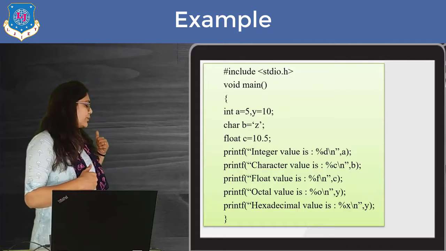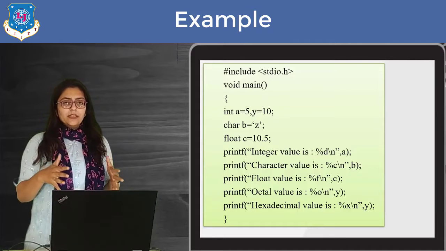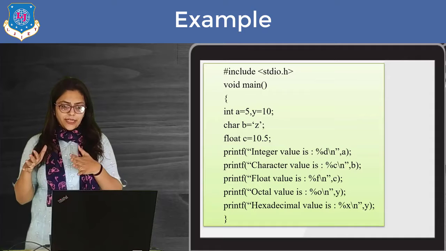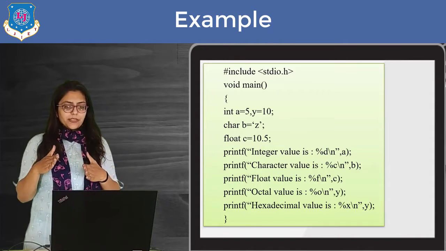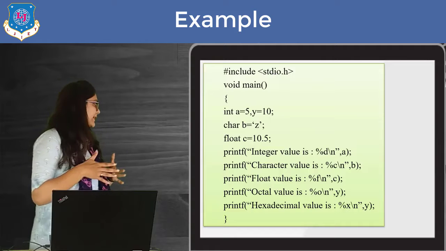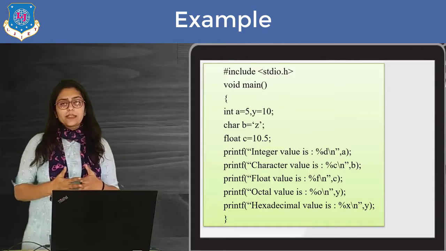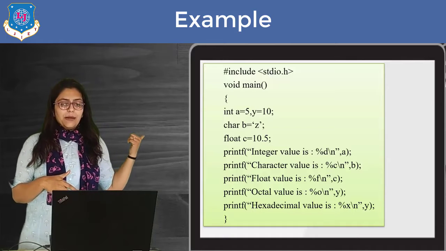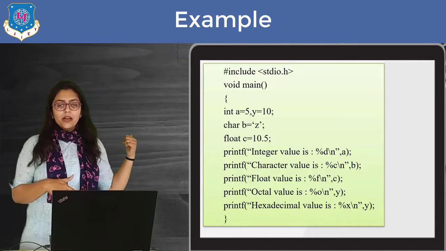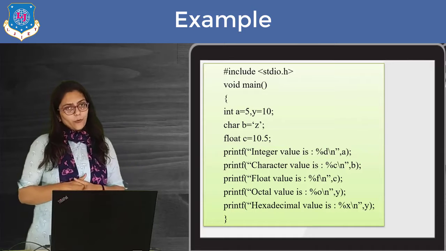Now I am using printf to print the integer value with %d, character value with %c, float value with %f, octal value with %o, and hexadecimal value with %x. And in place of variable names, I am respectively placing a, b, c, y, and y.